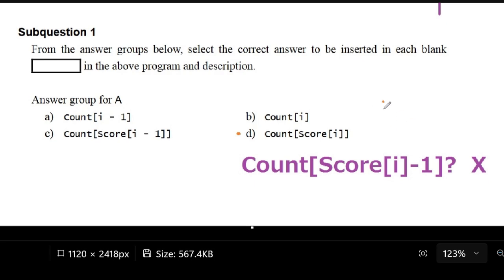When I was answering this also, I was thinking that maybe it could be this one: count, bracket, score, bracket I, bracket -1, then closing bracket. But turns out it's not in the set of choices at all. And the reason why I thought about this is because the score could be 10.